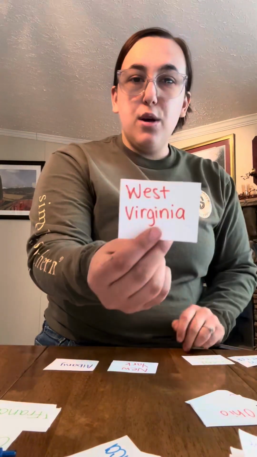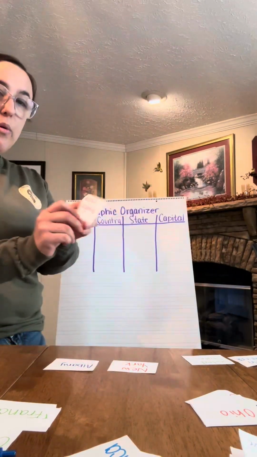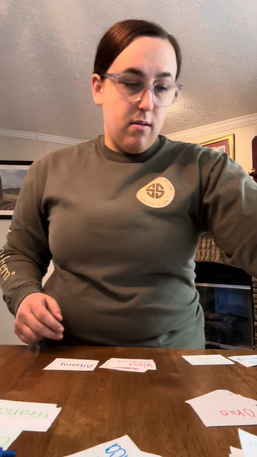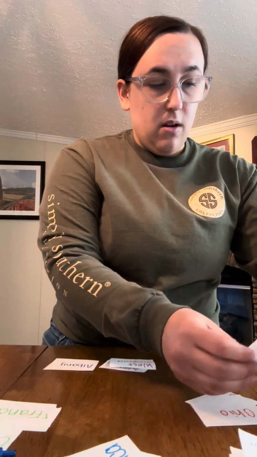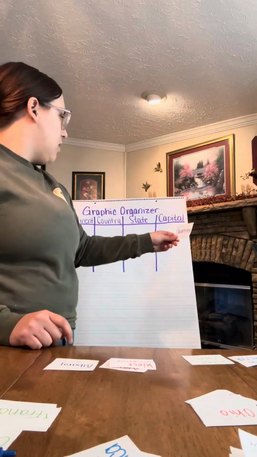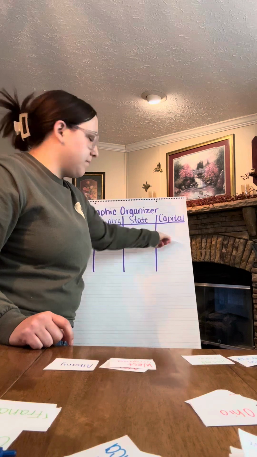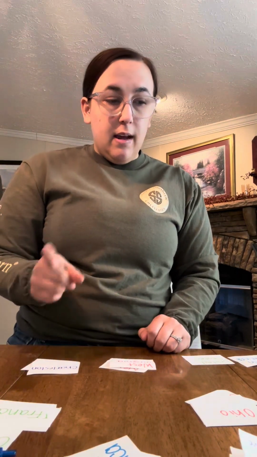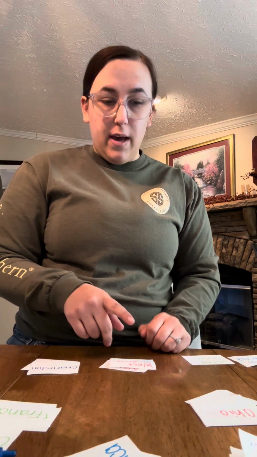Then let's do our state of West Virginia. We would put West Virginia under state. Now, let's go find our capital of West Virginia, which is Charleston. So we would put Charleston right here. Okay. Now turn to your shoulder partners and finish the rest of them real quick.